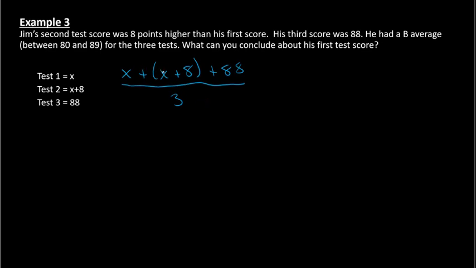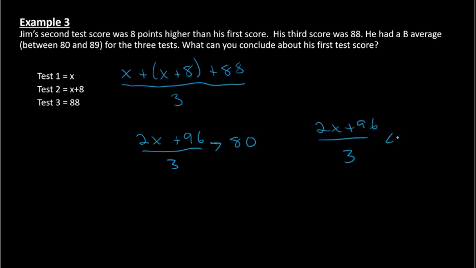Let's simplify this a little bit before we move on. x plus x on the top would be 2x, and then 8 plus 88 is 96. So I have (2x plus 96) over 3. This would be his average, and his average needs to be between 80 and 89. So between means greater than 80, and then also needs to be less than 89. So (2x plus 96) over 3 is less than 89.